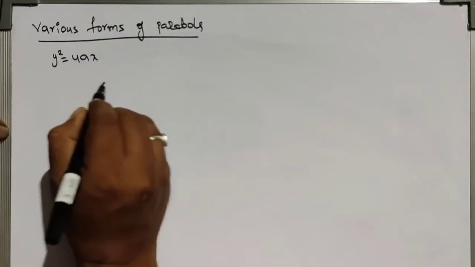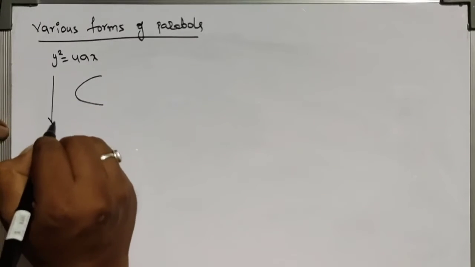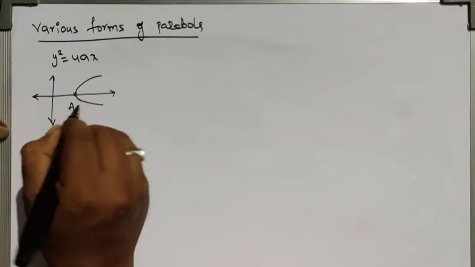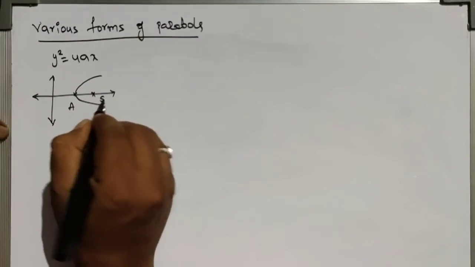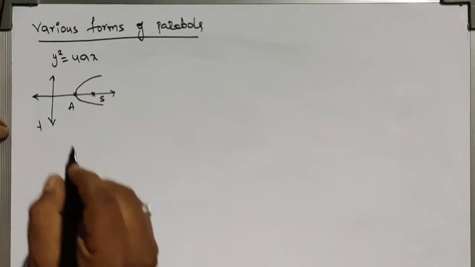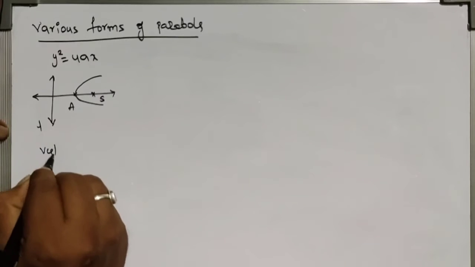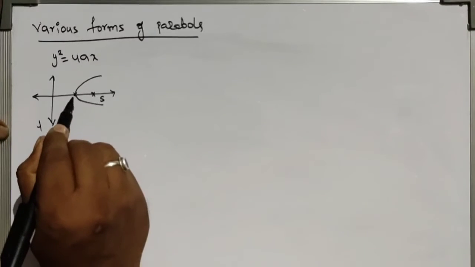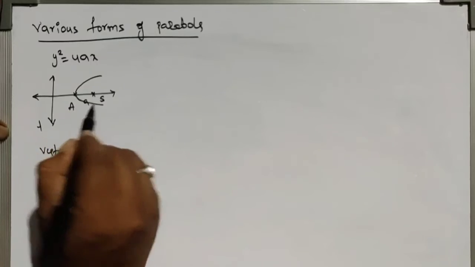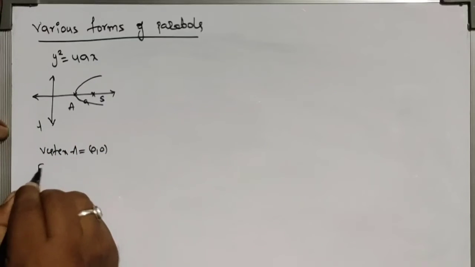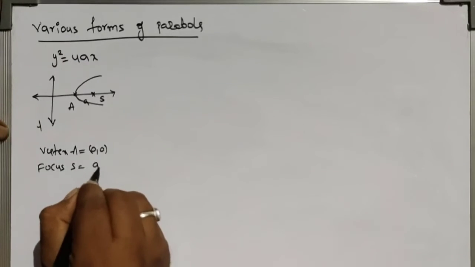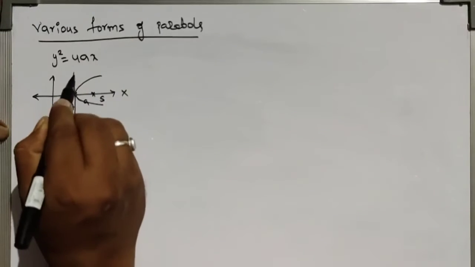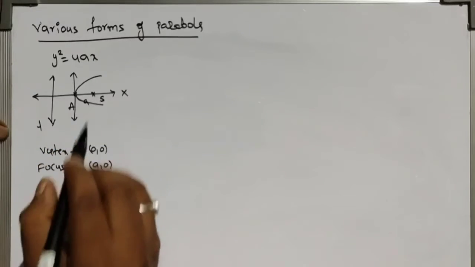In this parabola, this is the directrix, and this is the axis of the parabola. A is the vertex, S is the fixed point, the focus, and this is the directrix L. In this case the vertex A is equal to 0, 0, and AS is small a, so the focus is S is equal to a, 0, because this is the x-axis, this is the origin, and this is the y-axis.